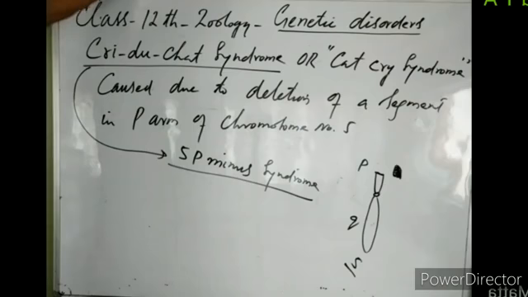So what are the characteristic features of cat cry syndrome? Those babies who are born with this syndrome have defects in their larynx and in the nerve supply to the larynx.